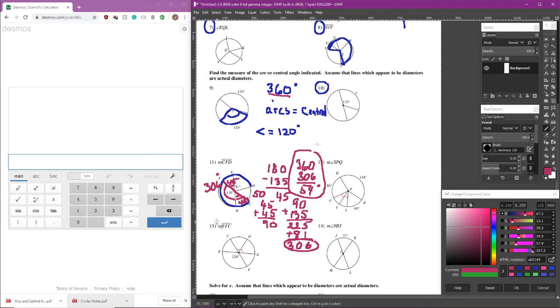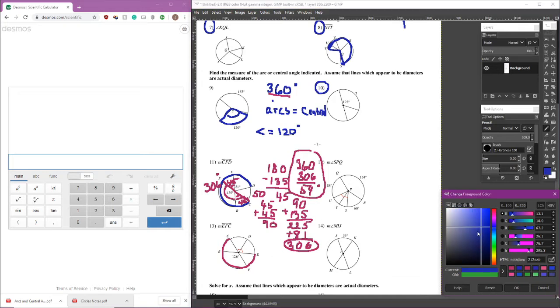Okay, let's talk about 13. EFC. Let's find EFC. Start with E, go through F, and all the way around the circle till you hit C. So we know that we have some straight lines that intersect and form some vertical angles here. Let's switch colors so I can show you that a little bit better.